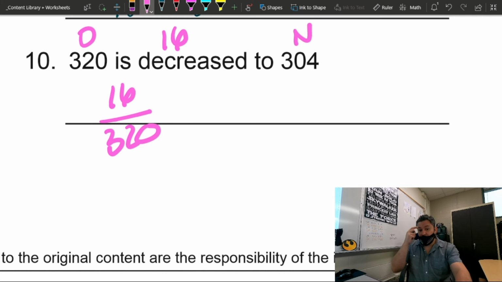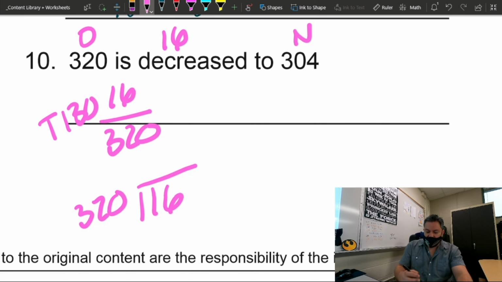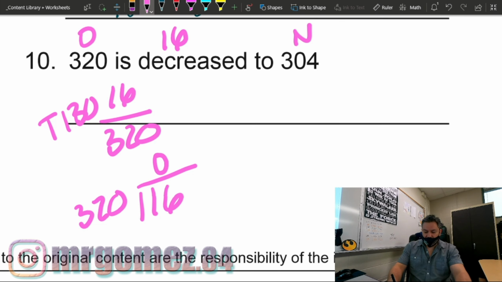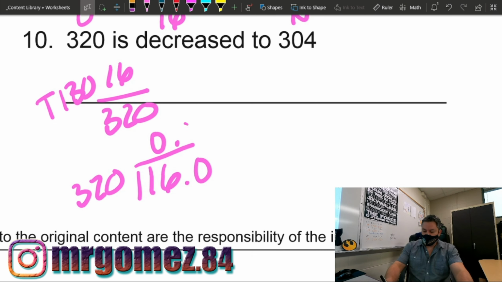Right? Now, we can do TiVo here, or we can simplify. If we do TiVo, we'll do 16 inside, 320 outside. Does 320 go into 16? No. Add a decimal, add a 0, bring the decimal up. Does 320 go into 160? Still no. So add another 0. 320 going into 1600?